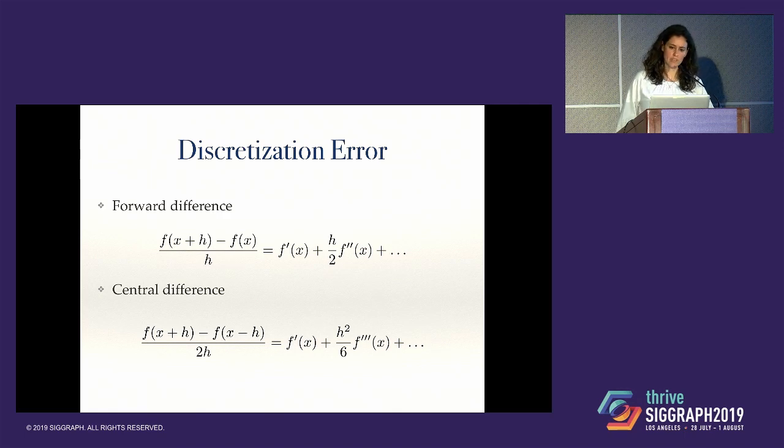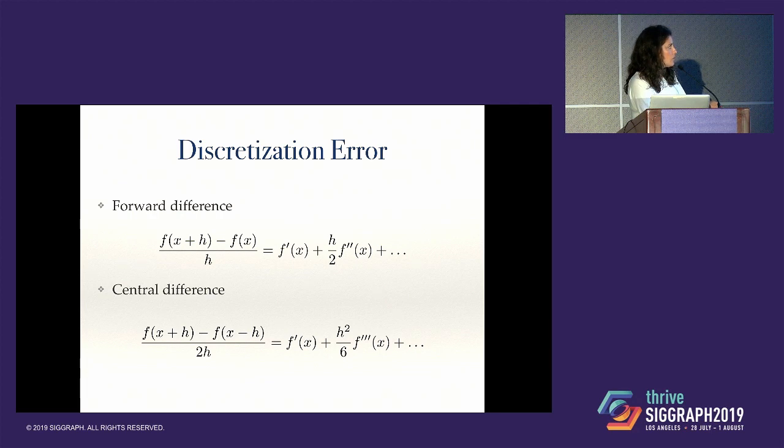Okay. Now, there's another thing about discretization error. We can talk about the order of accuracy, and that gives us a sense of how much error there is in this discretization. But there are also qualitative things about discretization error. So if we look, for example, at forward difference, the discretization error looks something like this.